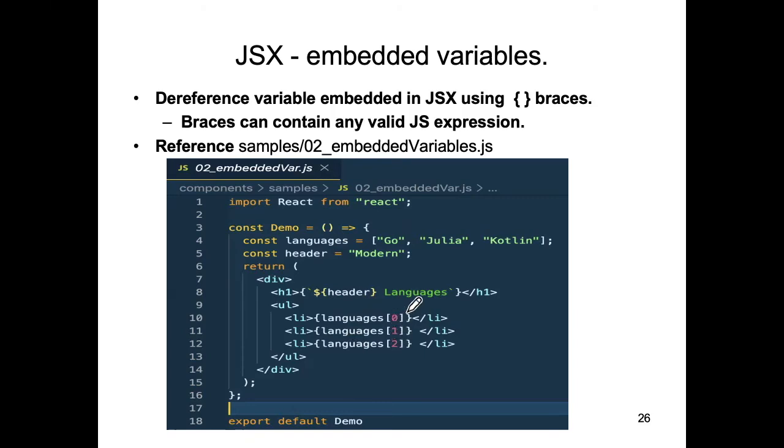But I have to wrap the references in the curly braces as I'm doing here. So at runtime, the runtime will first of all evaluate this expression, and the result of that evaluation is then what will be assigned to, in this case, the li element.